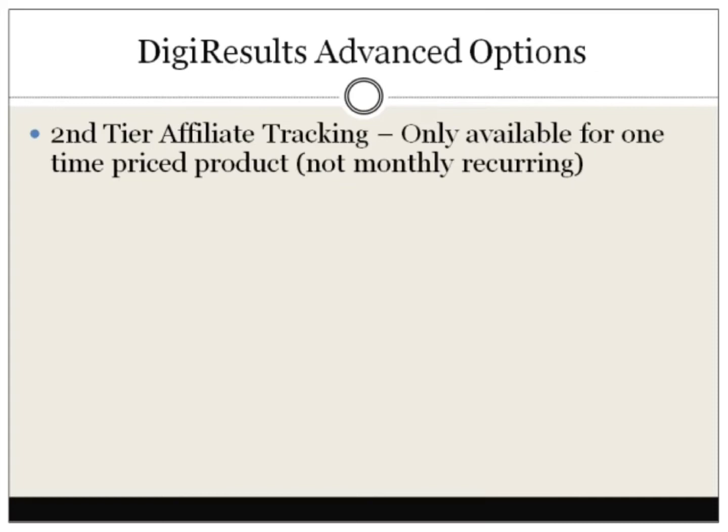So that's what we call second tier affiliate tracking. But be aware that this is only available for one-time priced products.